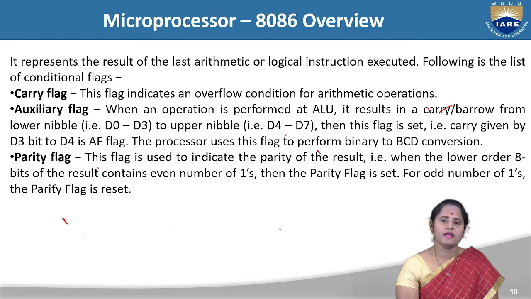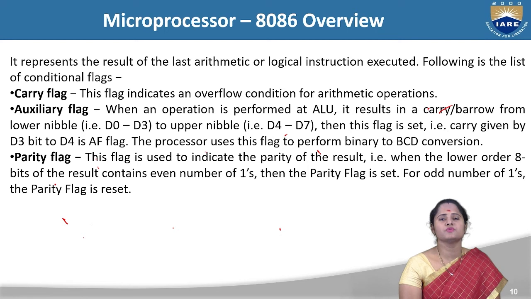Next, the parity flag. What is a parity flag? As we know, the parity is used for error detecting and correcting. Whenever I need to transmit data from one point to another point, I use a parity bit with the data bits.